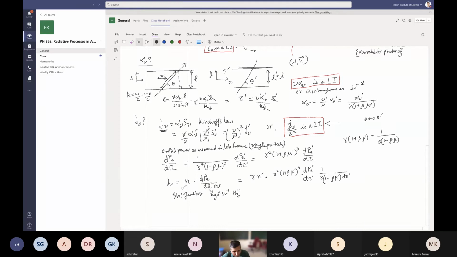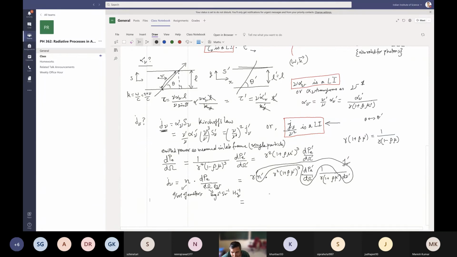This is how d nu and d nu prime are related. This is just the Lorentz transformation from the lab to the rest frame. If you go from nu to nu prime, there is a 1 minus beta mu. Otherwise, it's this. So this is how your frequency goes. So this guy is nothing but j nu prime. So what do we get?